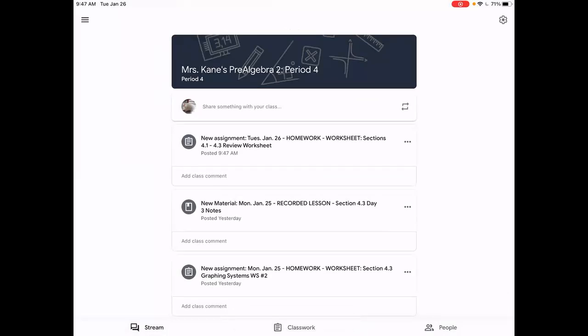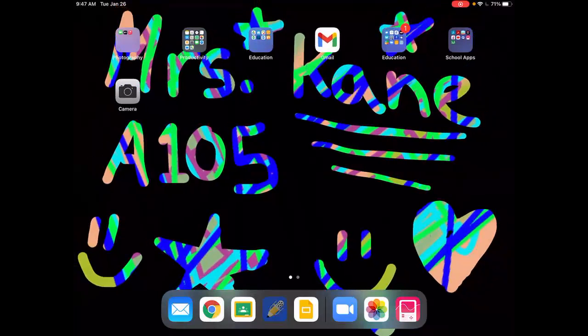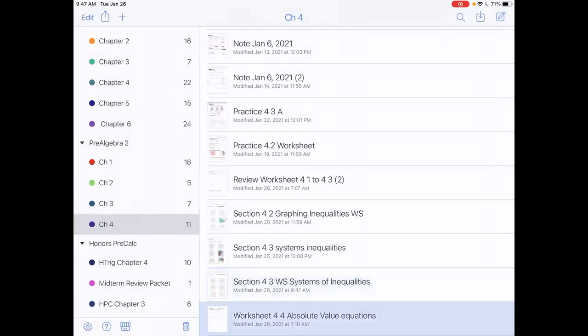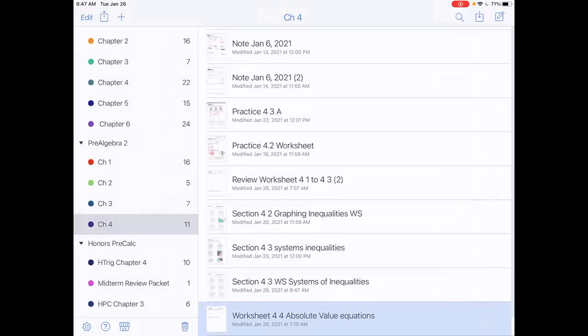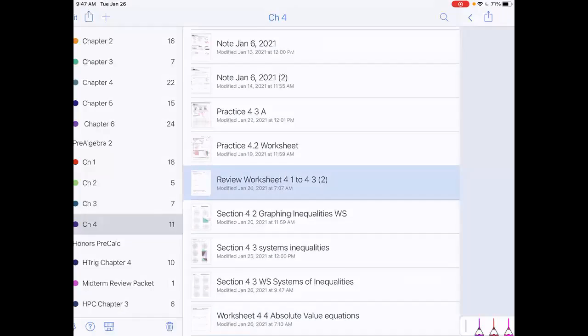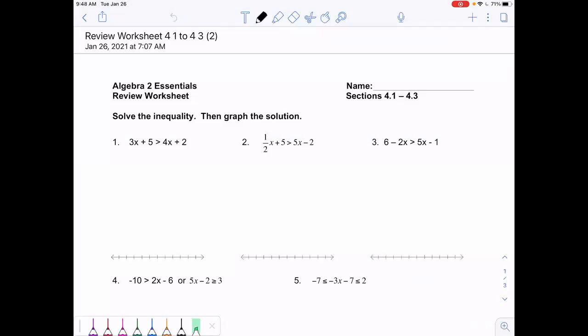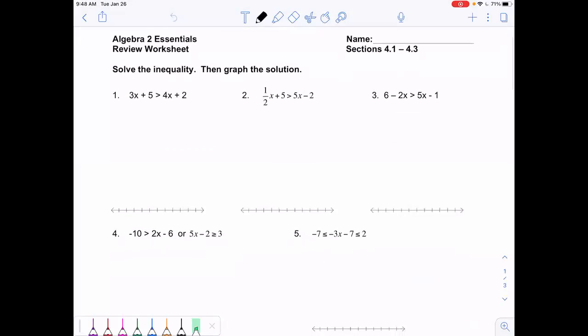It should have just popped up. I just pulled it up for you. So find the worksheet, open it up, send it to Notability. Or Adobe, whatever app you use.